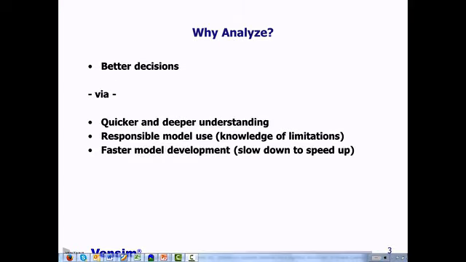So, why bother analyzing models at all? Well, I actually find it intrinsically interesting and fun, but really the bottom line is making better decisions. And we get there by having a deeper understanding of the model, by avoiding misuse of the model, applying it in situations where the assumptions behind it really aren't appropriate.